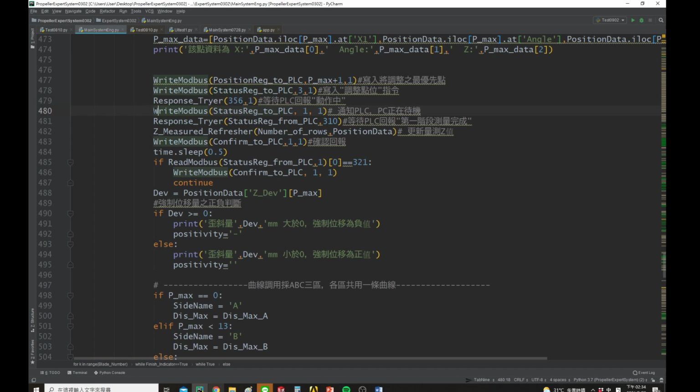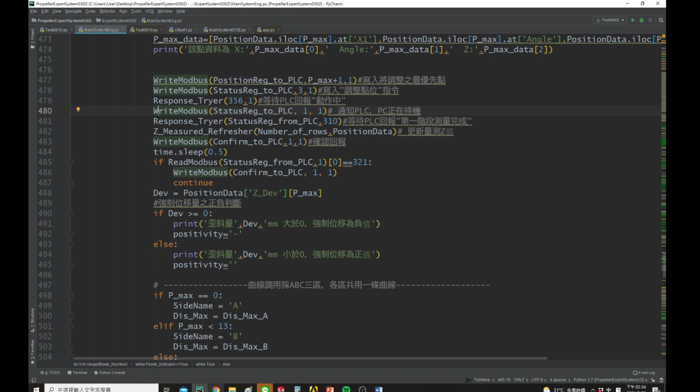And then we wait, because in single point tuning the process will be measured, tuned, measured. So after we tell the machine to tune a single point, it will go measure that point first.